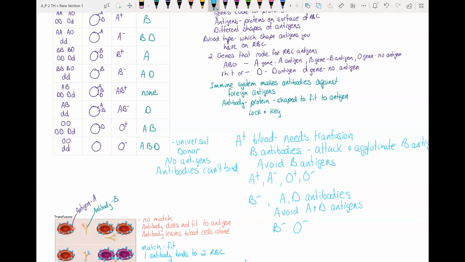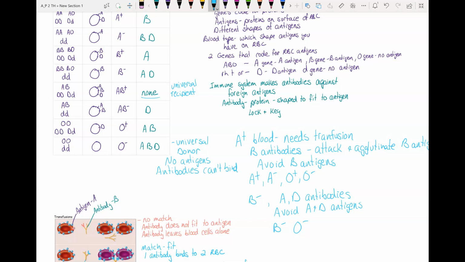There's also a blood type here that is the universal recipient. These people can receive blood from anyone else. So if you have this blood type and you need blood transfusion, you can get blood from anybody. That one is the AB positive. AB positive is the universal recipient. They have no antibodies.